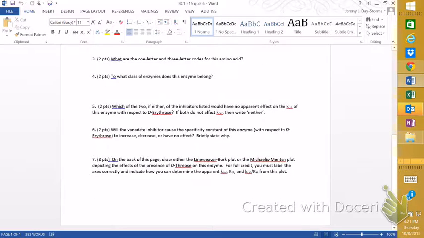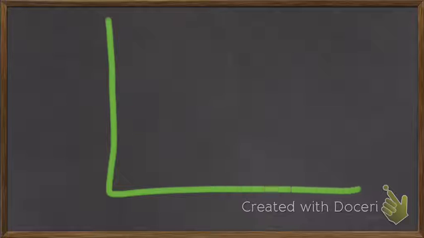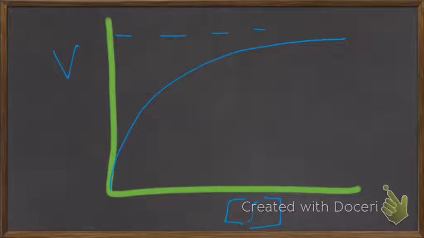And so then it says, will the vanadate inhibitor cause the specificity constant to increase, decrease, or have no effect? And briefly state why. So let's go back and show what it looks like. This is the wild type, so there's Vmax.